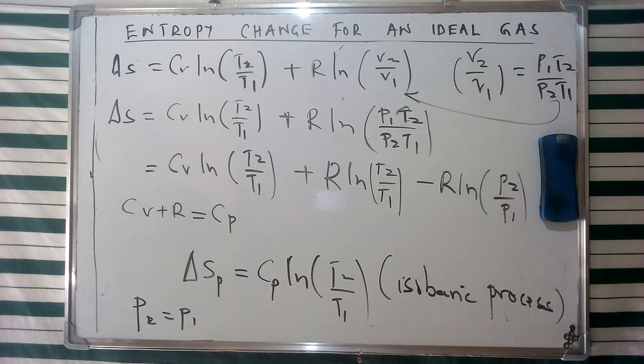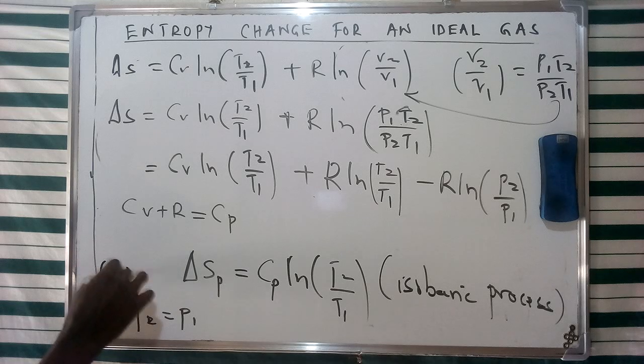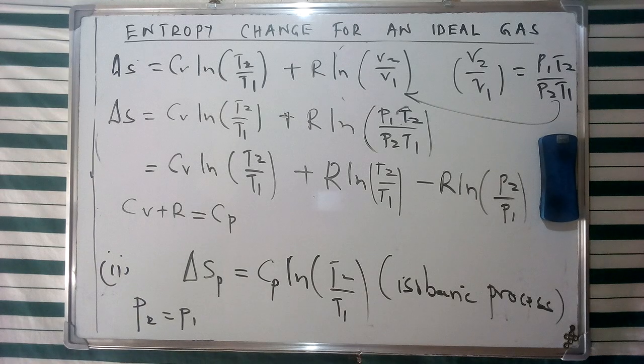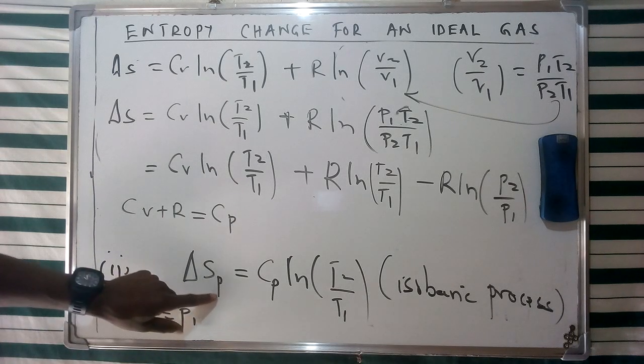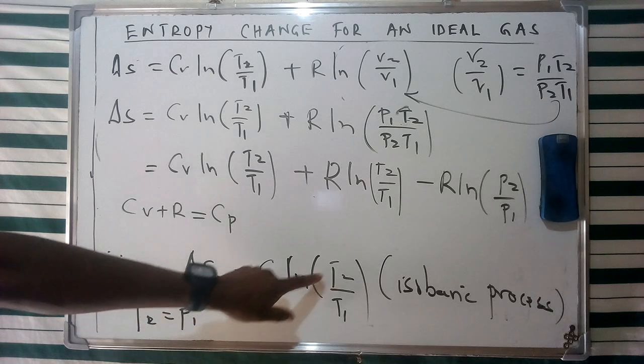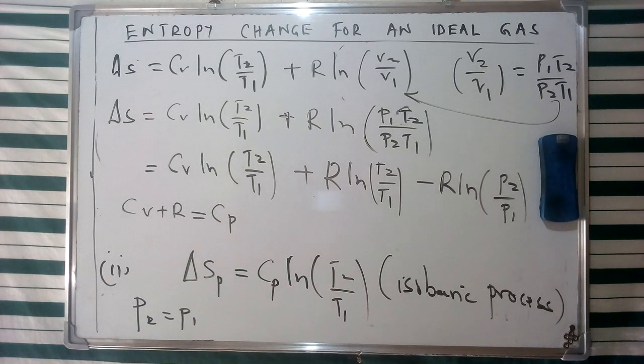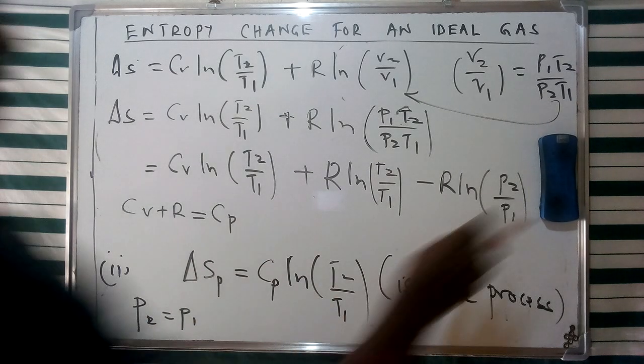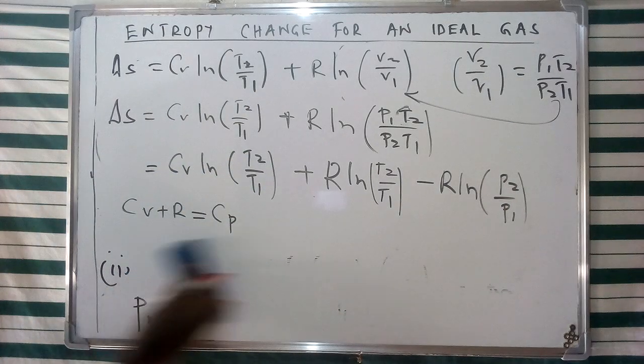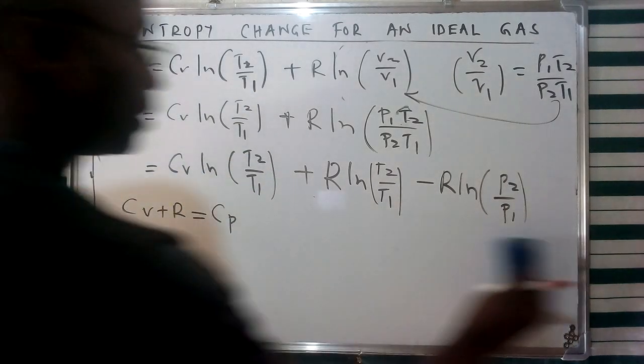The second case is a constant pressure, whereby we're going to have it represented as delta S subscript P equivalent to Cp natural log of T2 over T1. And then lastly, we're going to see the case of a constant volume, whereby V1 is equivalent to V2.